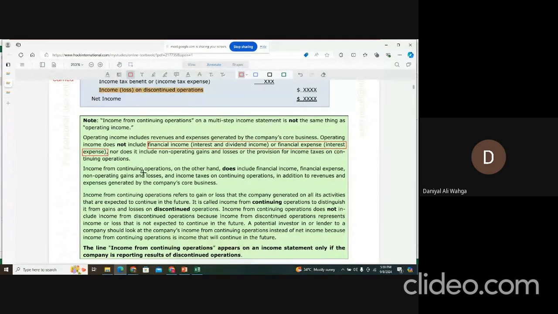It says further, nor does it include my non-operating gains and losses or the provision for income taxes on continuing operations. It includes something that relates to my workings, and that is the major part of my workings.